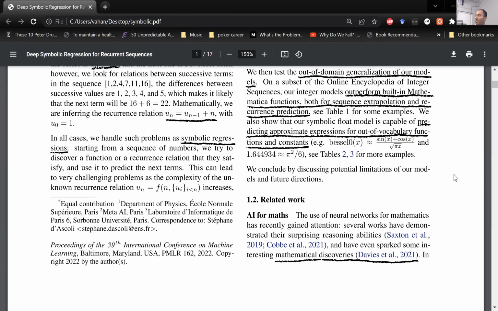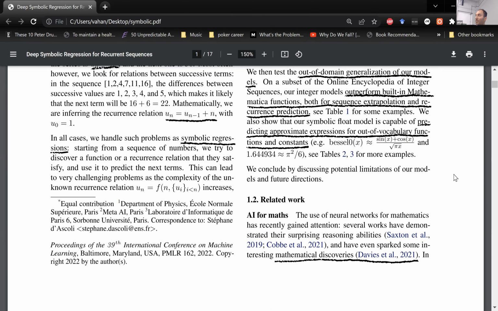But basically, they develop a method that can learn this. So the main contribution is that this paper presents a way to learn recurrent formulas. And usually, these sorts of problems are solved by predicting the next few numbers, right?